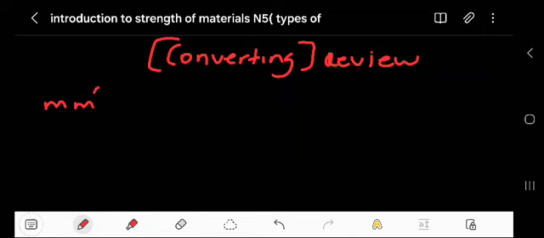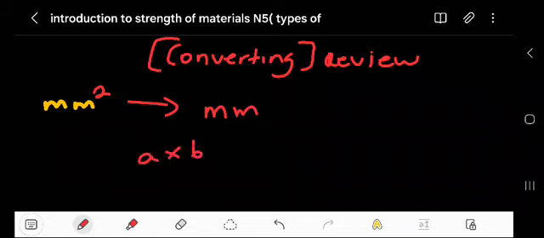Millimeter squared, how can you convert this to be in meter? What is that? This is the same as, mathematically, you take this as one thing, then this will be same as millimeter. But remember, from law of exponents, a multiplied by a will be a squared.